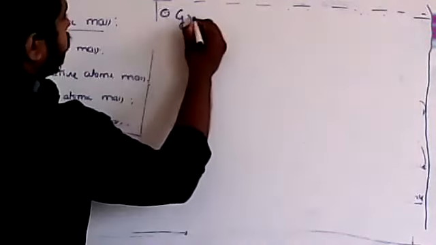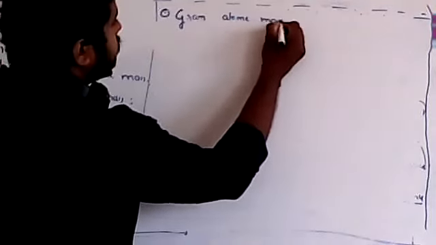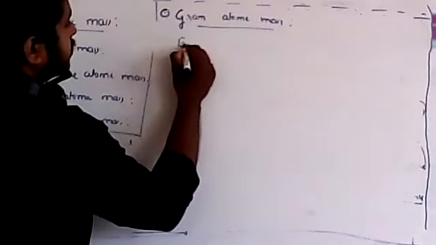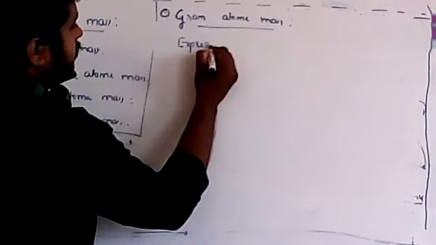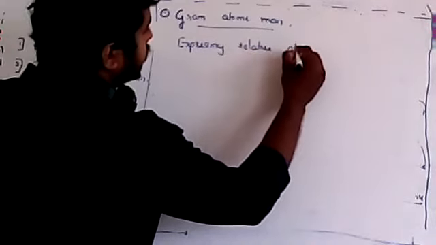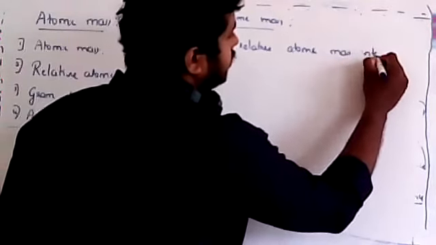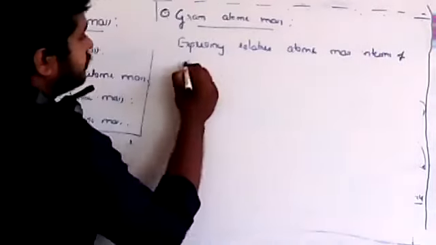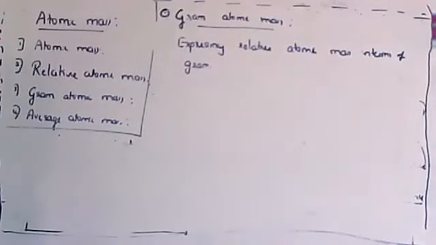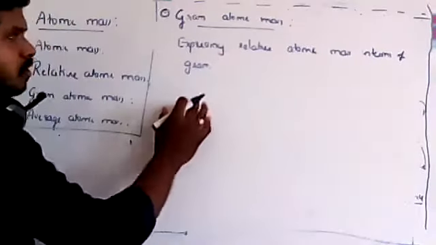So gram atomic mass is expressing relative atomic mass in terms of gram. That's it, in terms of the gram. That is what we call gram atomic mass. Are you understanding what I'm telling here? Expressing the relative atomic mass in terms of grams is called gram atomic mass.